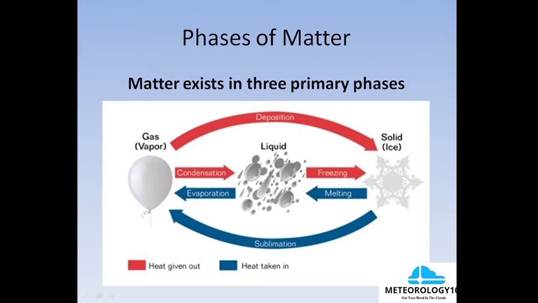So, phases of matter. Matter exists in three primary phases. The matter we're going to be focusing on is water for the atmosphere. Solid, liquid, and gas are the three phases. So in the solid state, molecules stay in a fixed state and have a low energy level.